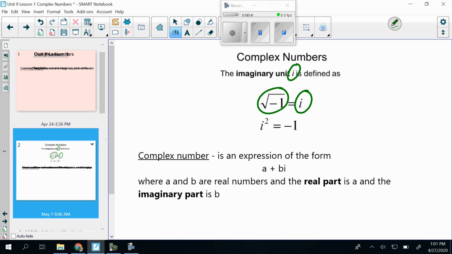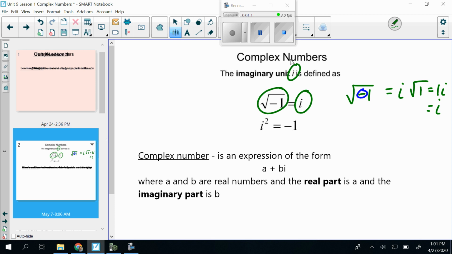Anytime you have a square root of a negative, that can be changed into i. Effectively, if you've got the square root of -1, the negative comes out and is changed to the imaginary number, leaving us with just the square root of 1, which is 1. So we get 1i, or just i.